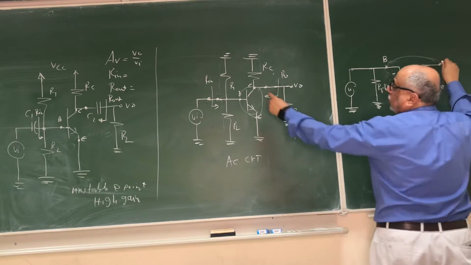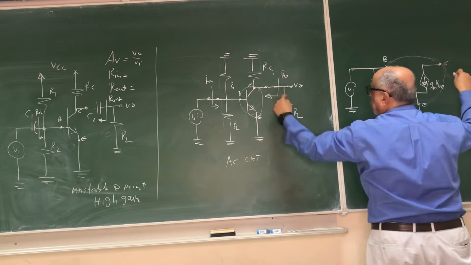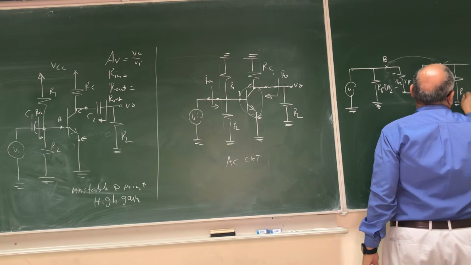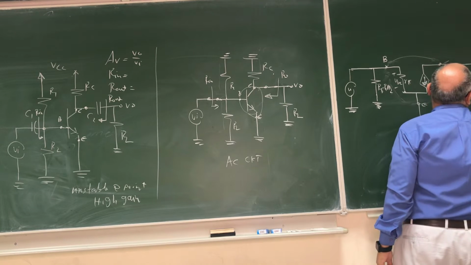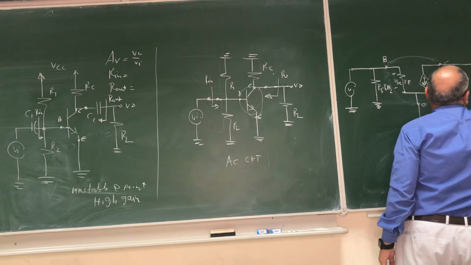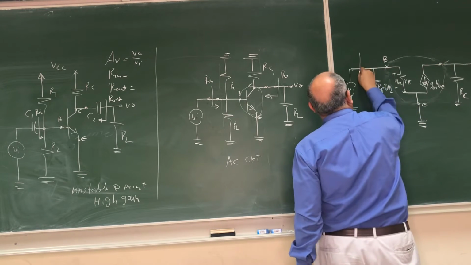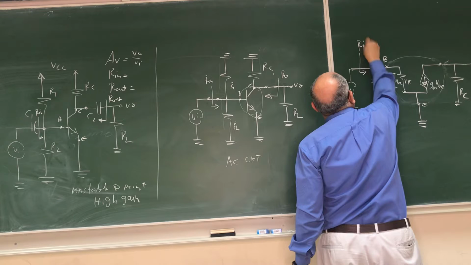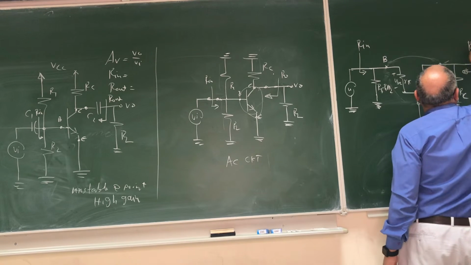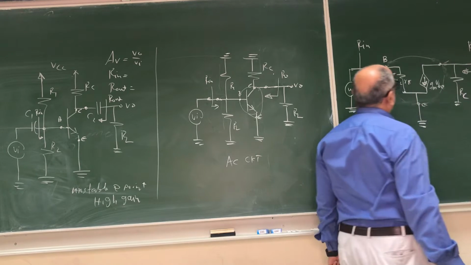Now from the collector side, we have RC to ground, RL to ground. So this is RC, and this is our load, which is RL, that is V out. So if I label the input resistance, it should be Rin after the source, and the output resistance should be before the load, that is R out.